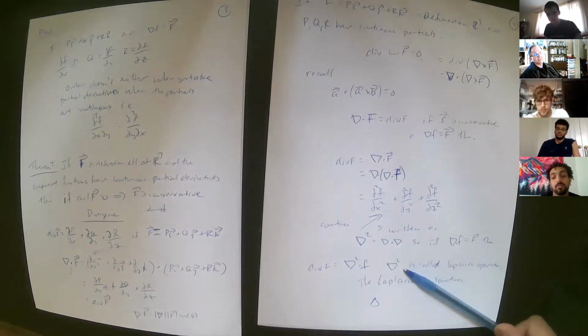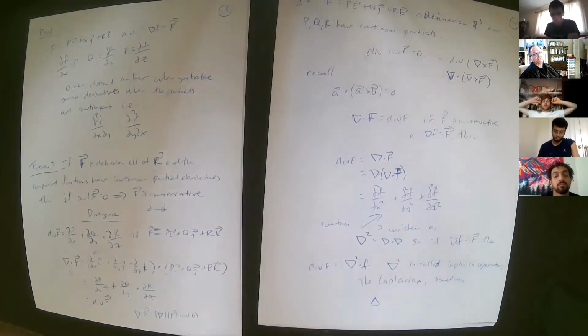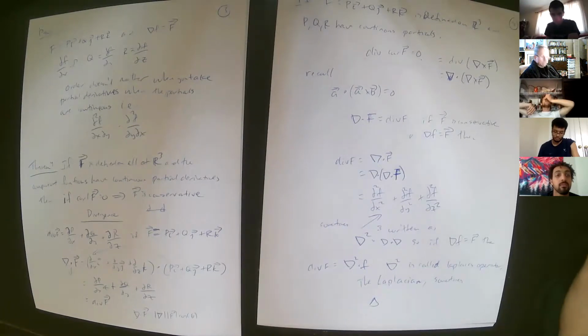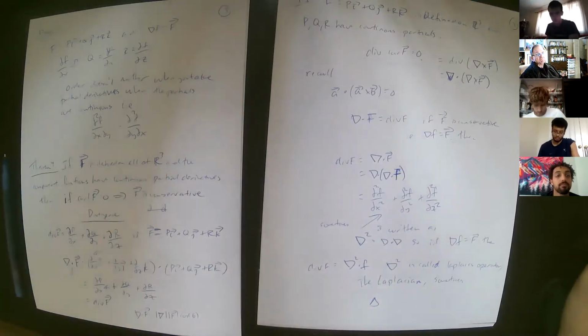It uses this symbol. And sometimes I use this symbol too. I've seen it mostly like that, but who knows? Things have changed probably. Okay, so we can write the divergence in terms of the Laplacian operator if the field is conservative. That's what this whole discussion is about. Okay, any questions?